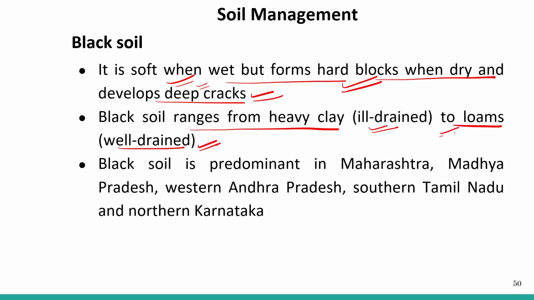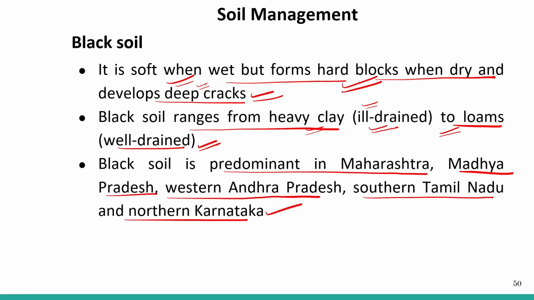When it is loamy, it is well-drained, and when the clay composition is more, it is ill-drained. Black soil is predominant in Maharashtra, Madhya Pradesh, Western Andhra Pradesh, Southern Tamil Nadu and Northern Karnataka. Very important.